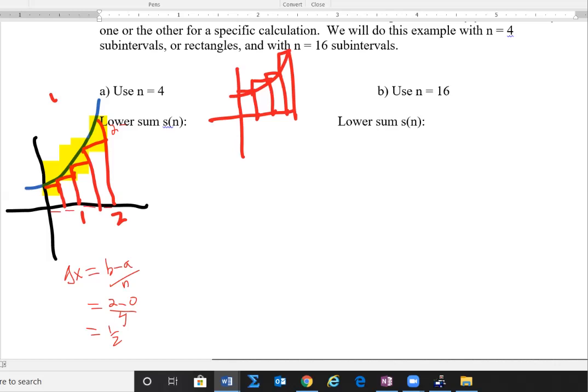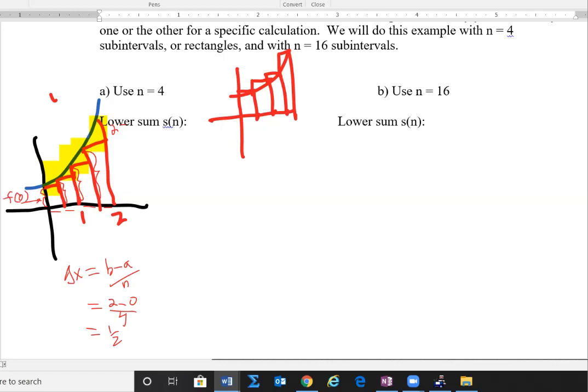Now the height of each rectangle, because we want the lower sum, we'll be taking our heights off of the left side of each of these rectangles. So for the first rectangle, we'll have f of 0.